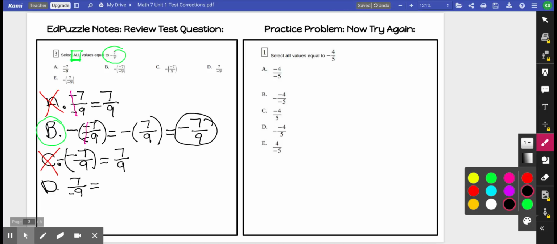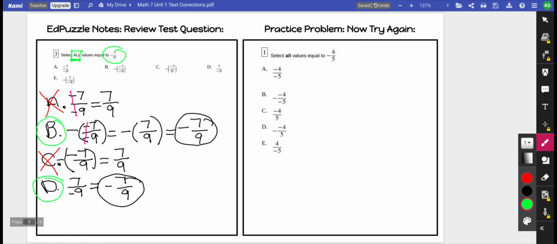In this case, one of them is negative, so the whole fraction is a negative 7 over 9. Wait, that's our answer we're looking for. So here we have another correct answer. Remember, there are 2 answers. Could there be 3? Yes. So let's check out that last one, letter E.